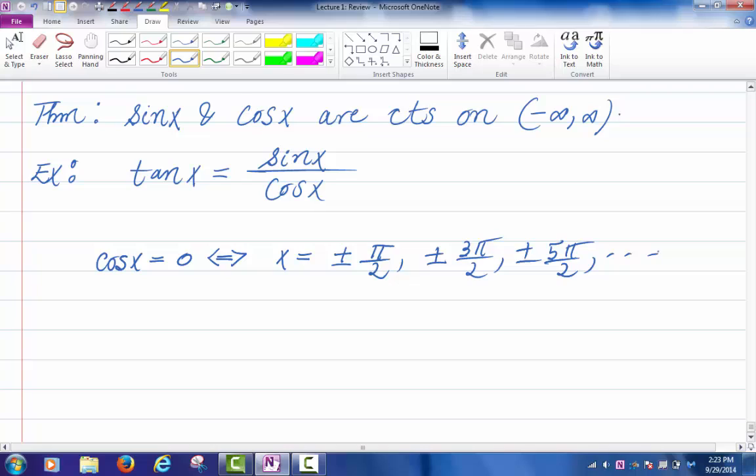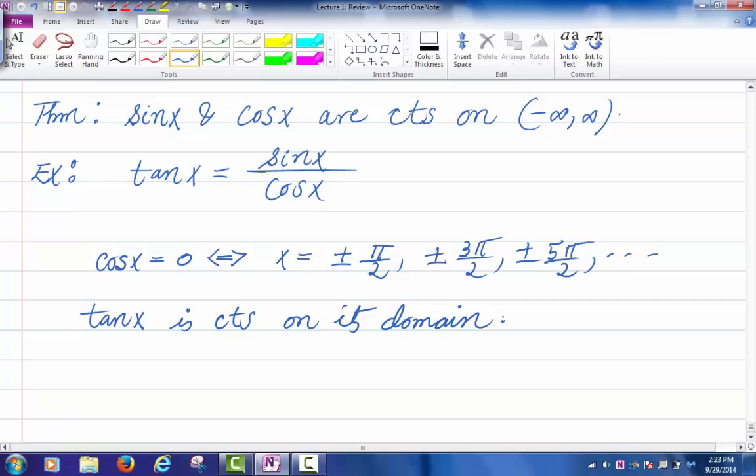In fact, what's the domain of tangent? The domain of tangent is all values of x except for these numbers, right? So tangent x is continuous on its domain as well.